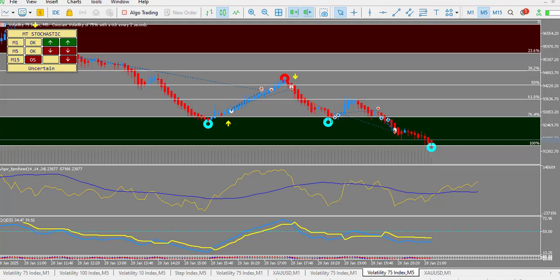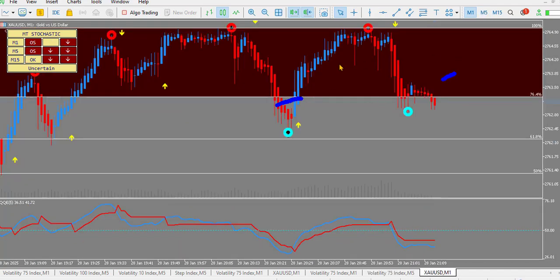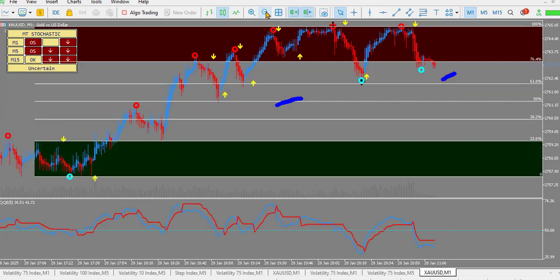Now let's check this on another pair. Let's have the same setting like what we have on F75. So at this zone, the only trade you are going to look out for is to sell. At this zone you only look out for a buy setup.